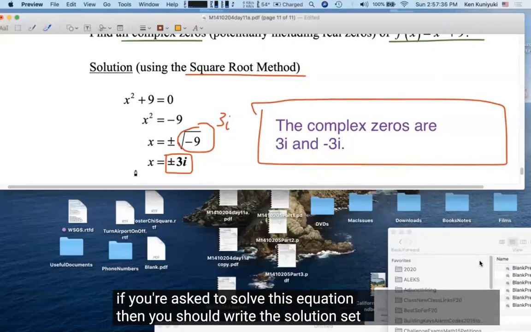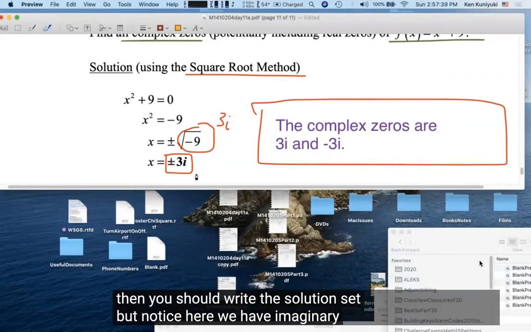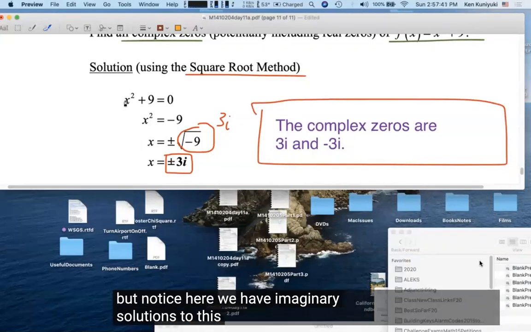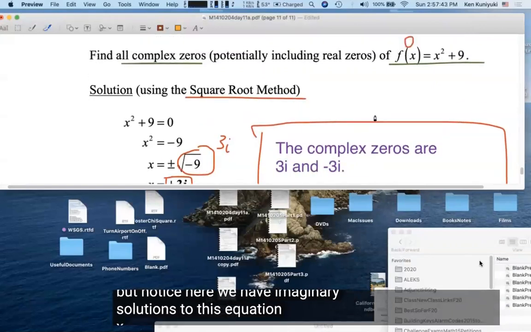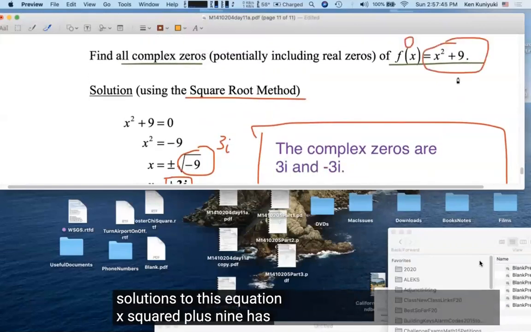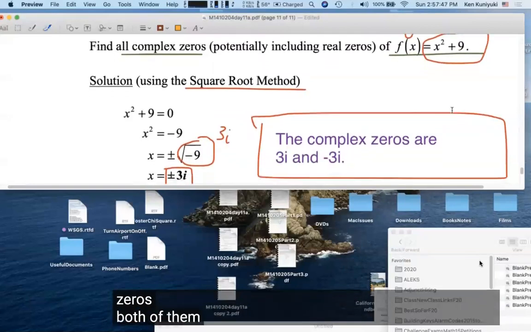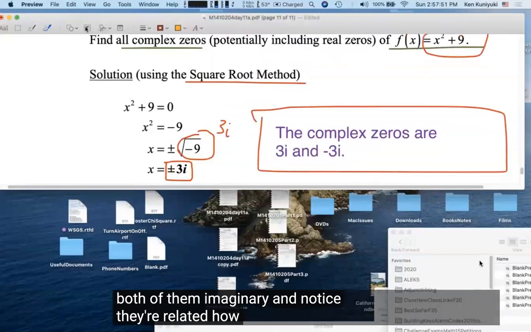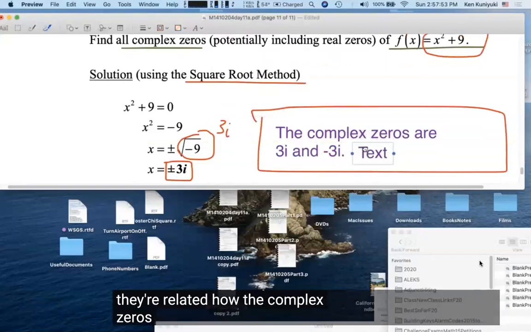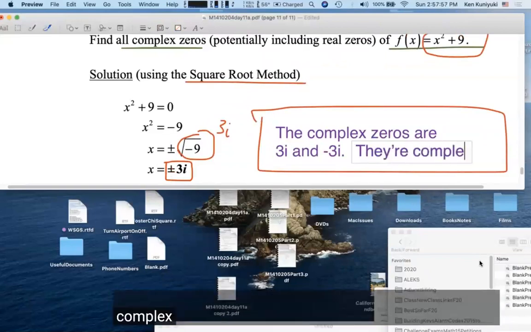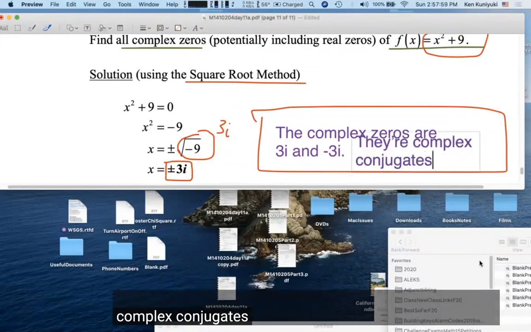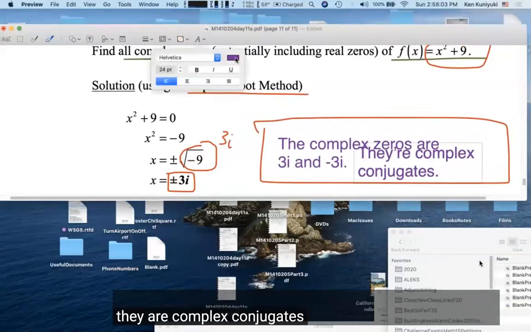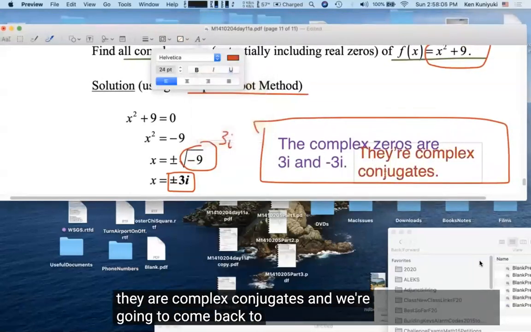But notice here, we have imaginary solutions to this equation. x squared plus 9 has two complex zeros, both of them imaginary. And notice they're related how? The complex zeros are complex conjugates. And we're going to come back to that.